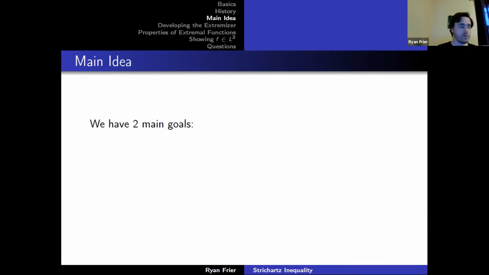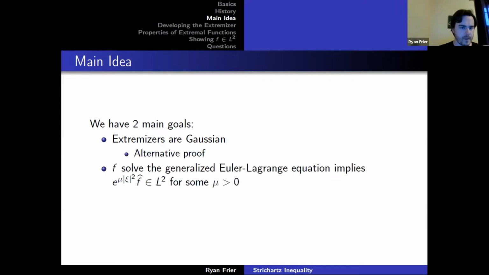All right, so we have two main goals that we want to show. First, we want to show that extremisers are Gaussian. Now, again, remember, Foschi showed that they were Gaussian, but we're going to give an alternative proof to Foschi's proof. Likewise, we want to show that if f solves the generalized Euler-Lagrange equation, then that implies that e to the μ ξ squared f hat is an L2 function for some μ.